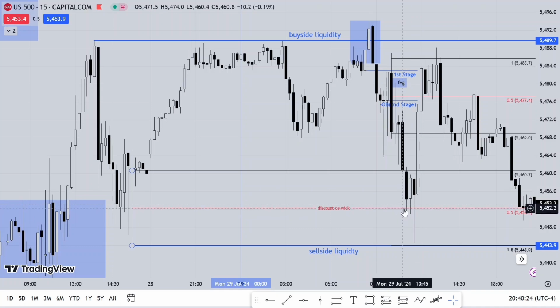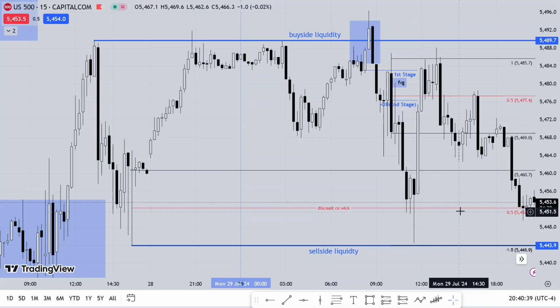So when price trades to this consequent encroachment, you want to take your trade off. Either collapse all of the trade or you take some partials from this price level, which is about 5480, down to this price level, which is 5452.